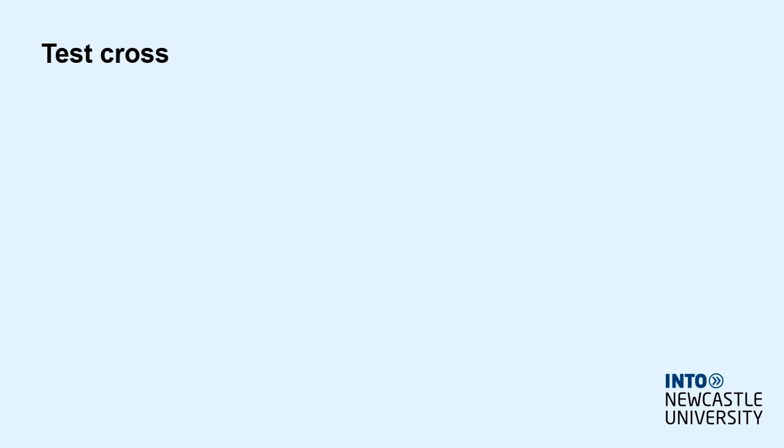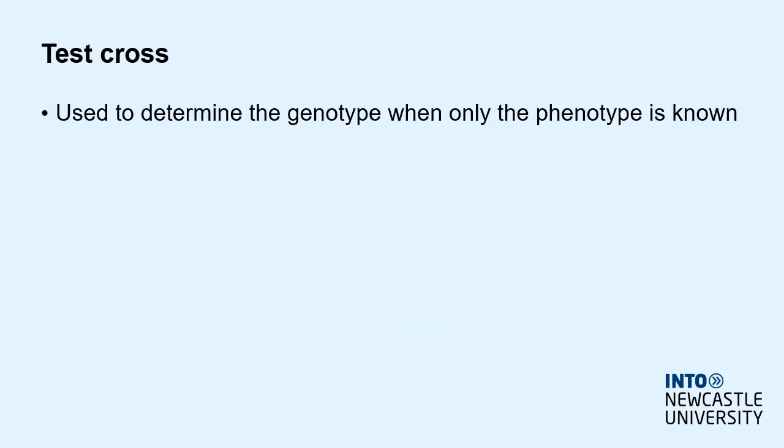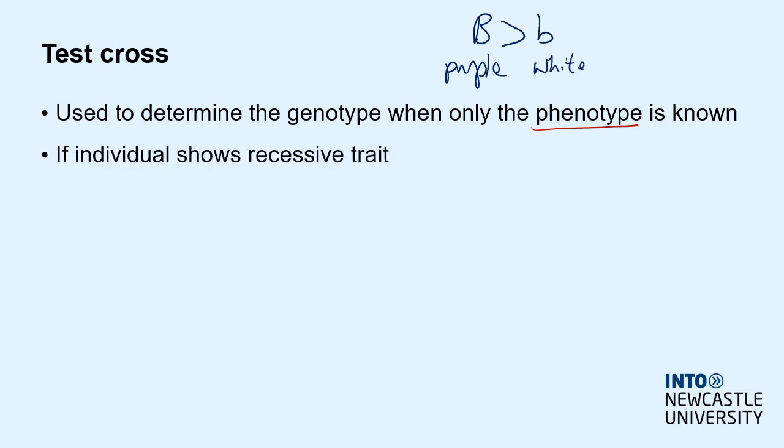Just to go through that again, to make it very clear, use a test cross when you know the phenotype, but you don't know the genotype. And remember, we were looking at the big B, little b example. If we have the recessive trait, so if the flowers are white, then we know that they are homozygous recessive.